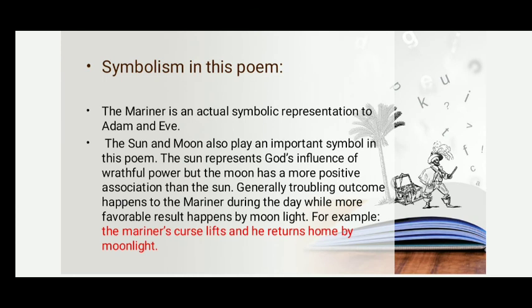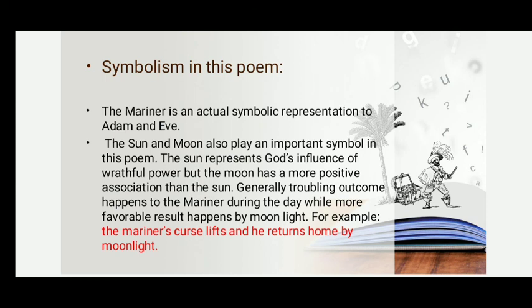So symbolism is also used in this poem. Here is symbolism in this poem. The mariner is actually a symbolic representation of Adam and Eve, and the sun and moon also play an important symbolic role in this poem.